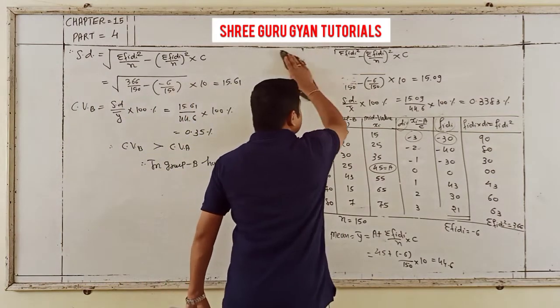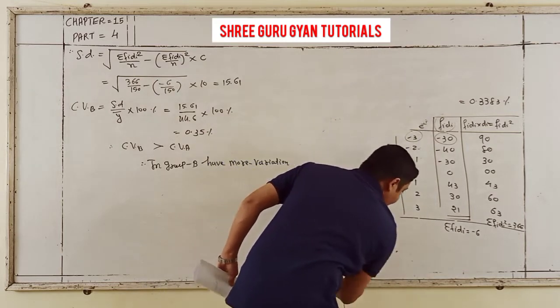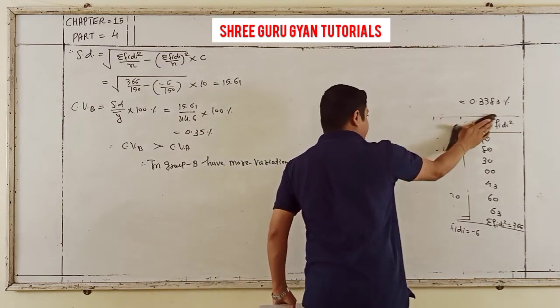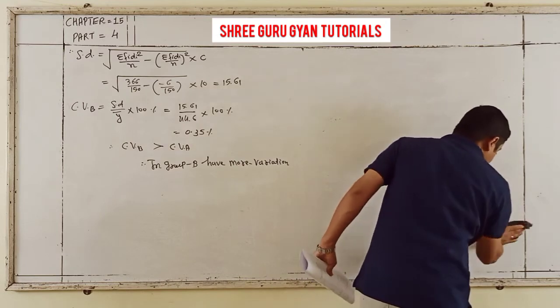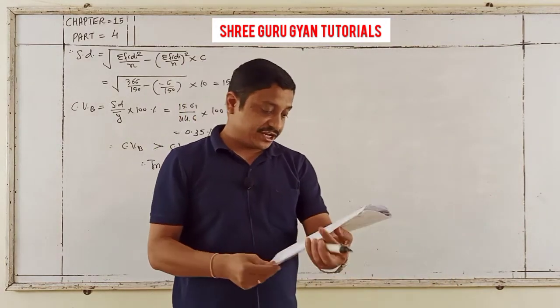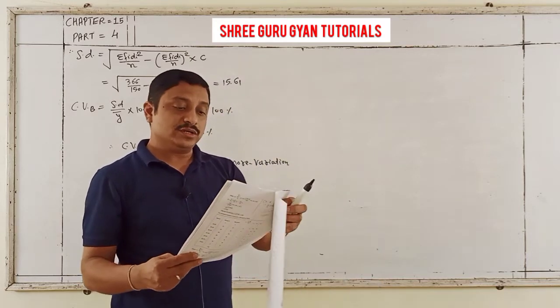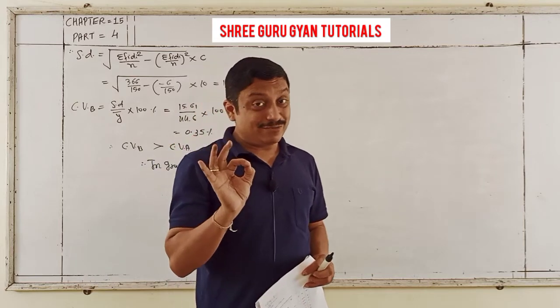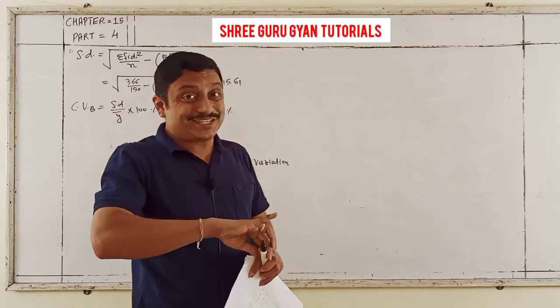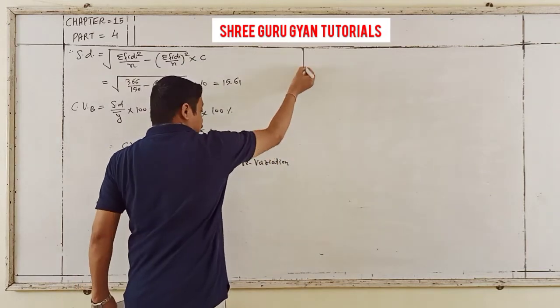Question number 2. There are two types of shares given, share X and share Y. The target is to find, according to both shares, which is more stable. More stable means less coefficient of variation, the least coefficient of variation. I go to question number 2 now.